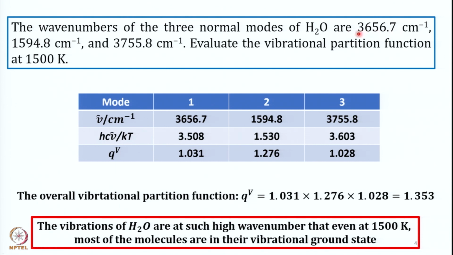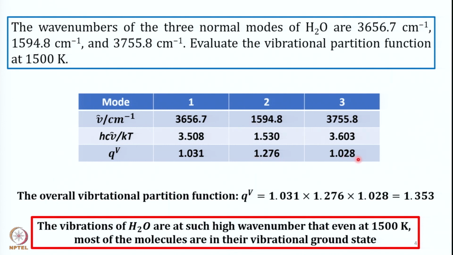So, the first normal mode is at 3656.7. The corresponding value after calculation of Qv comes to 1.031. The second one at 1594.8 gives a Q value of 1.276.